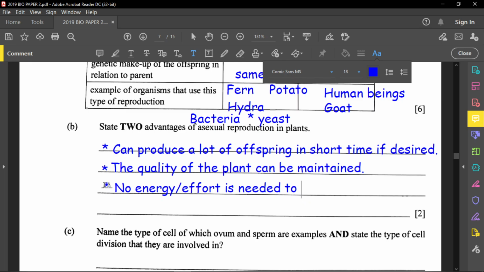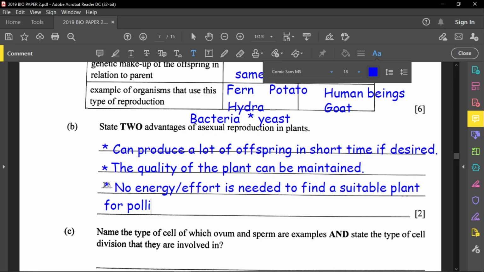Okay, so no energy or effort is needed to find a suitable plant for pollination, right? Or for mating or reproduction. So suitable plant for pollination or reproduction.